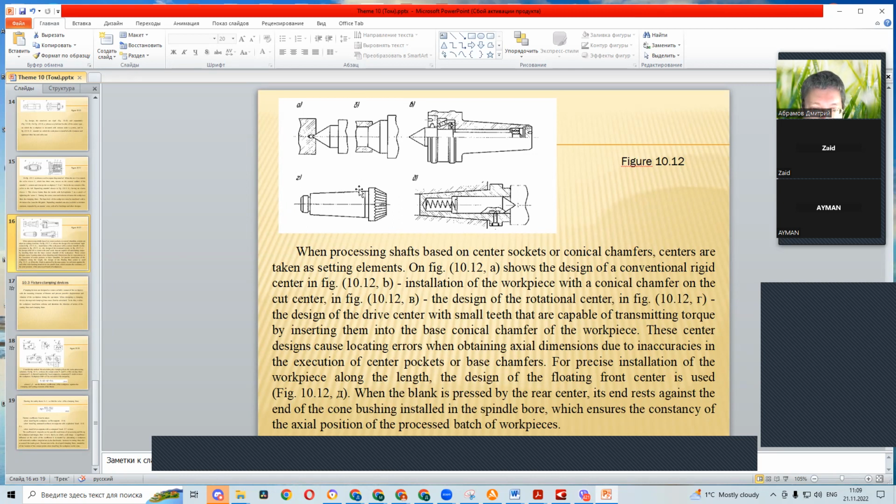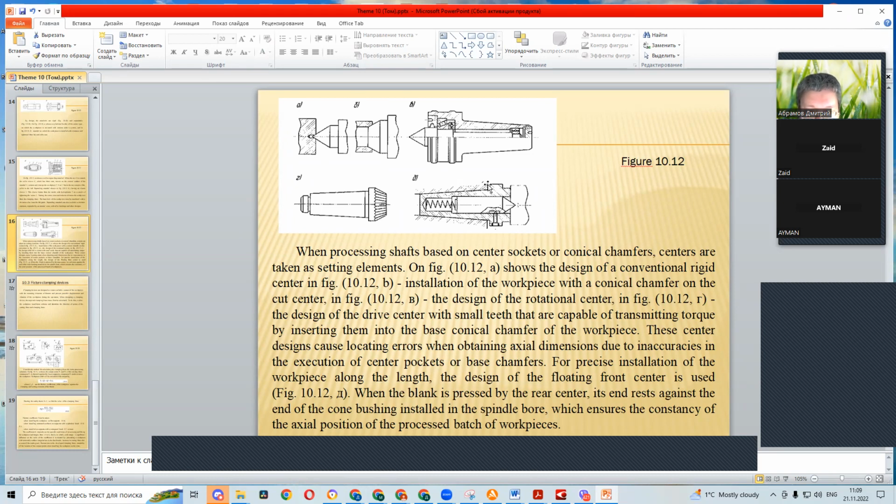In figure 10.12, the design of the rotational center, and in figure 10.12g, the design of the drive center with small teeth that are capable of transmitting torque by inserting them into the base conical chamfer of the workpiece.